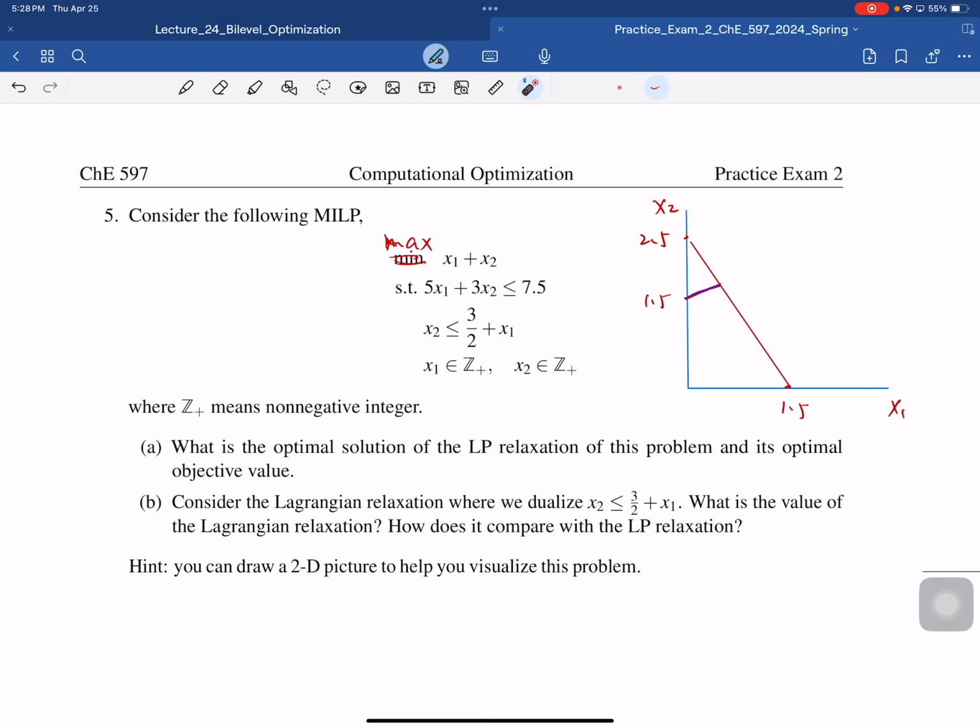Let's check the feasible points after you dualize this constraint. (0,0) is a feasible point, and (1,0) is a feasible point.